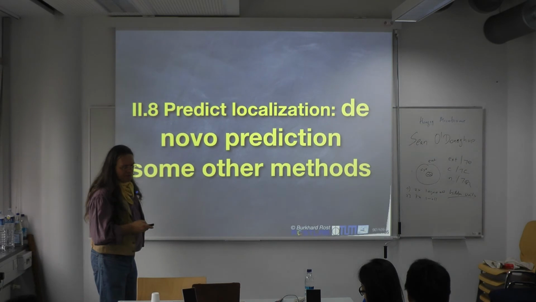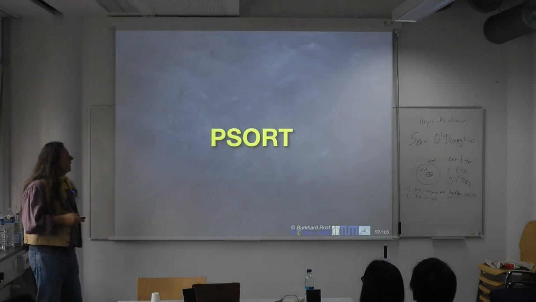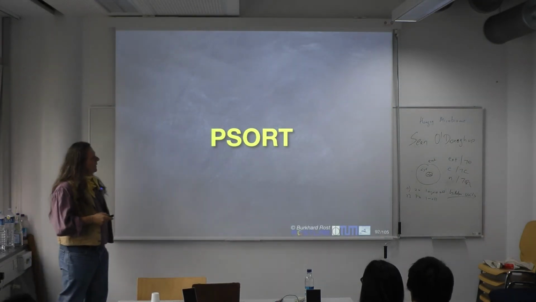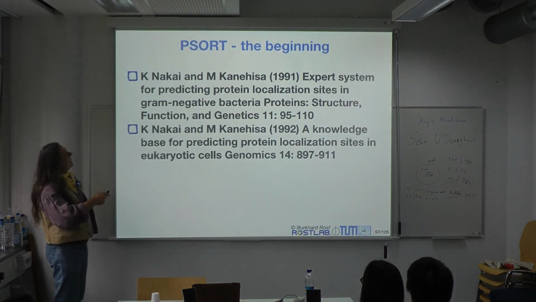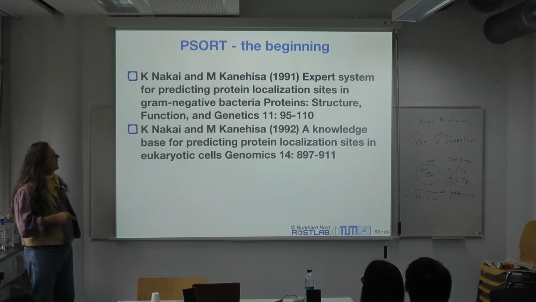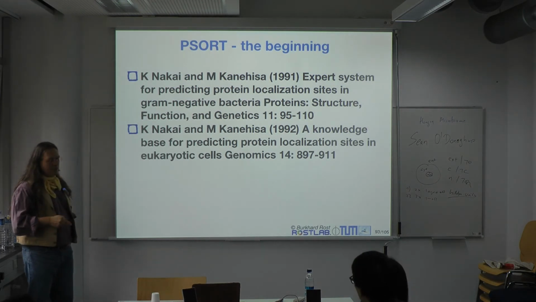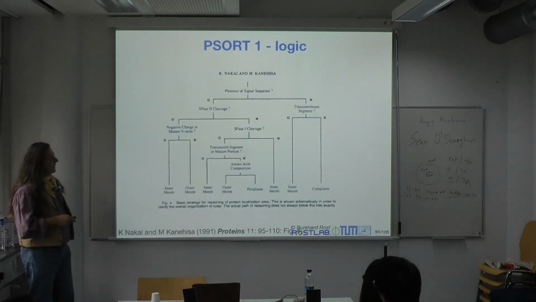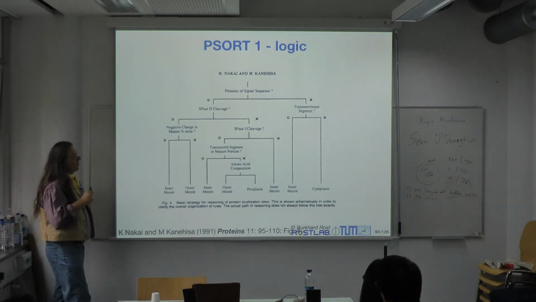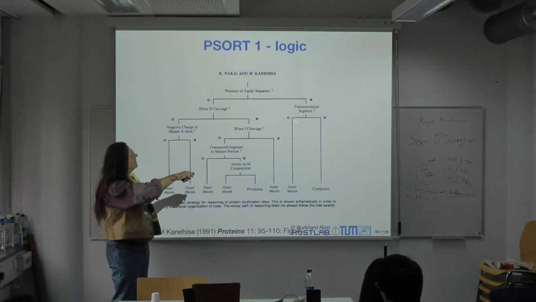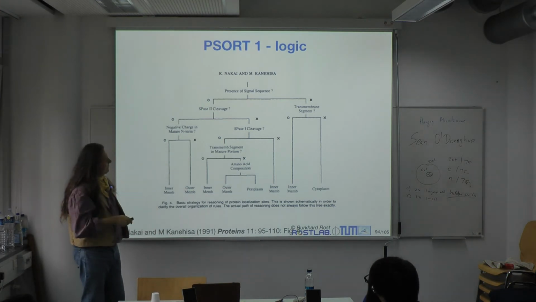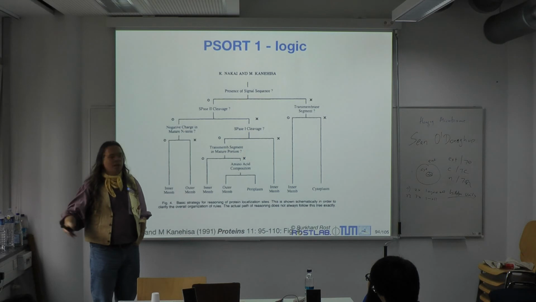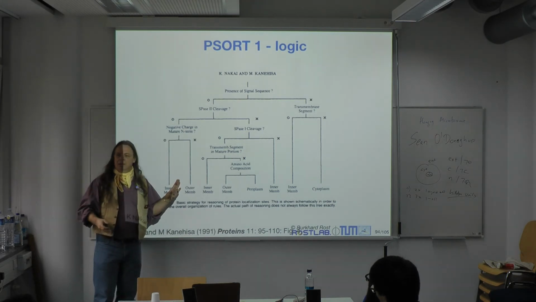Okay, some other methods, and I go back to, in this particular case, PSORT is history. So PSORT, I briefly mentioned, by Kenta Nakai and Minoru Kanehisa, is the idea you use amino acid sequence alone, and then they put that into a tree. So you can predict transmembrane helices, you can predict cleavage sites, you can at some point use the amino acid composition, and you can build a tree.